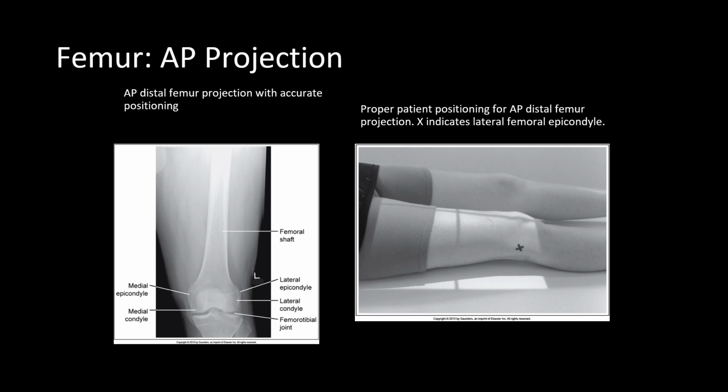Any orthopedic apparatus located at the distal femur should be included in its entirety, and 2 inches of overlap should be evident with the proximal lateral femoral projection if the entire femur is imaged.